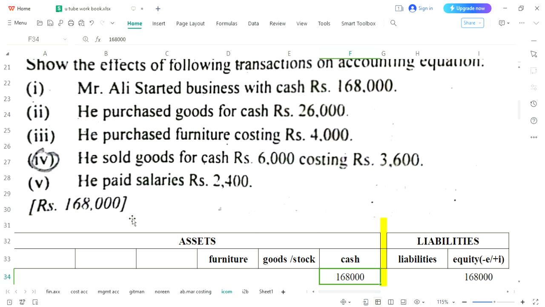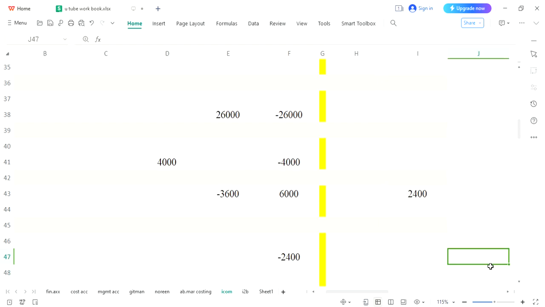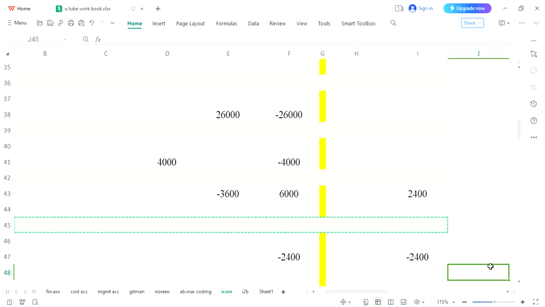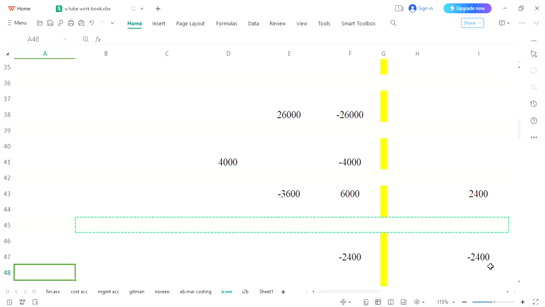And salaries, it's not an asset, it's not a liability, it's an expense, and you know that all expenses would be subtracted over here in equity. So here minus 2,400 you will post over here. And as usual, after completing this entry, you will be posting a vacant line over here.